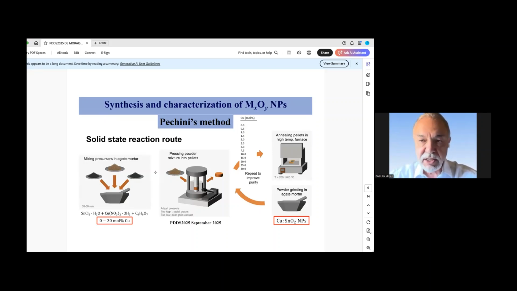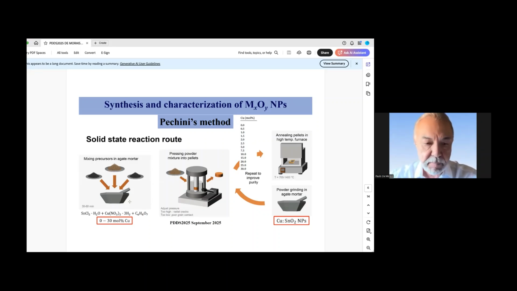So we synthesized tin oxide nanoparticles. And to make the synthesis, we use the well-established Pechini method. In this method, we mix the reactants, in this case tin chloride, and we use tin chloride doped with copper, and the copper was included as copper nitrate. And this Pechini method uses an organic molecule, in this case citric acid.